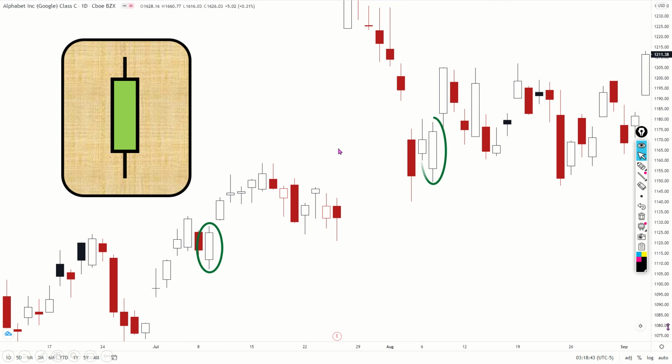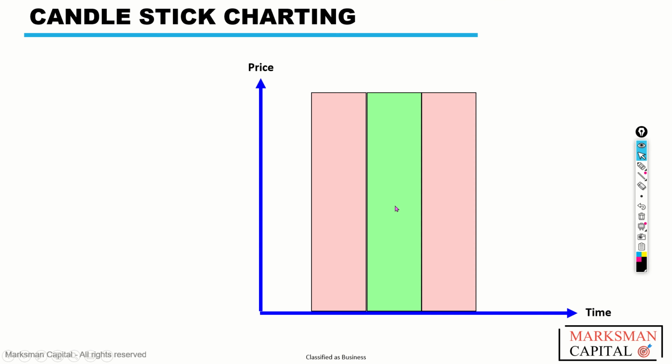Usually when we see these candles, depending on the location in the chart, we might make different decisions, buy or sell. It also depends on the overall pattern, but that topic will be covered in other videos.